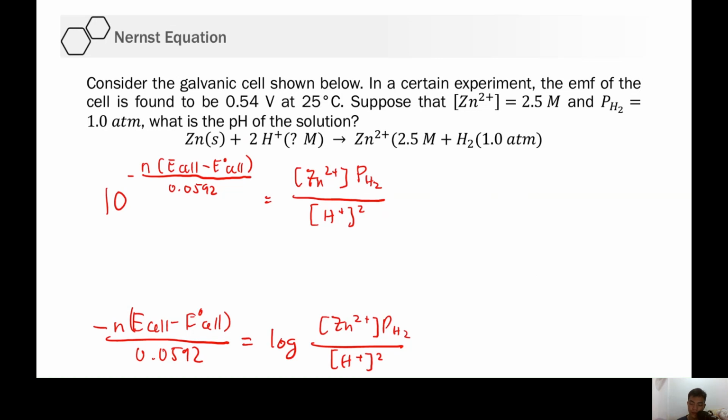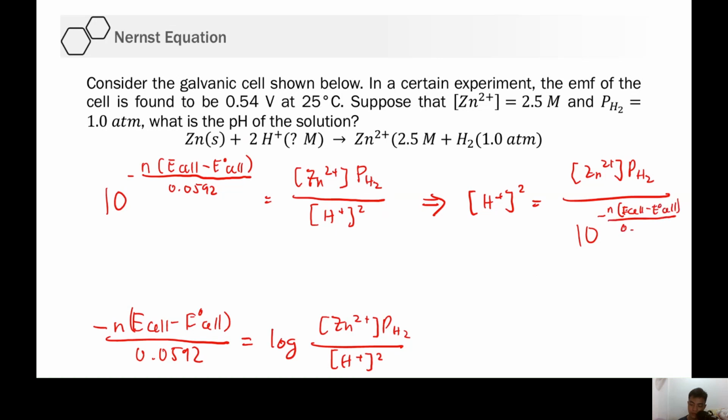So by cross multiplying, I will get H plus squared equals the concentration of zinc 2 plus times pressure of H2 divided by 10 raised to negative n times E cell minus E naught cell over 0.0592.